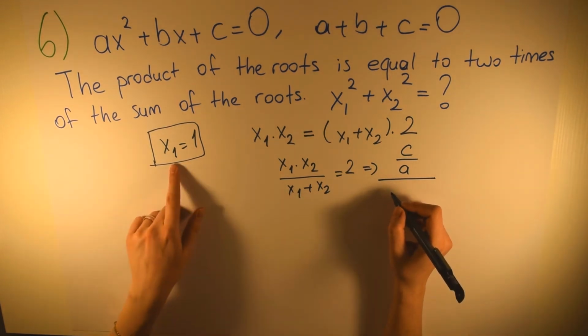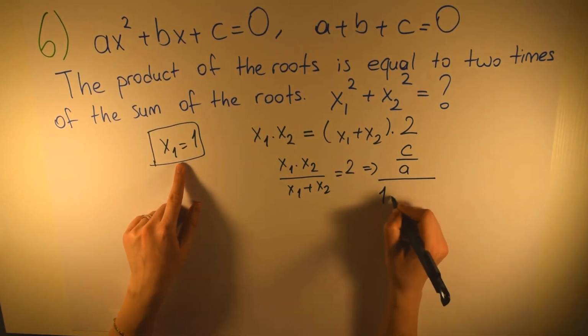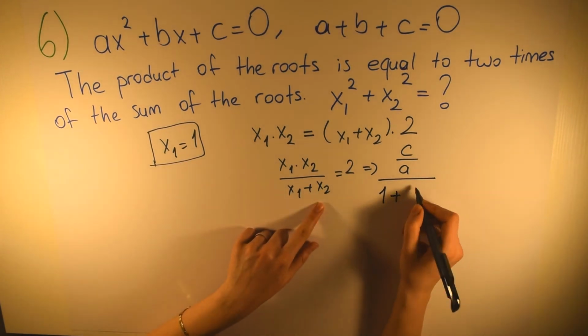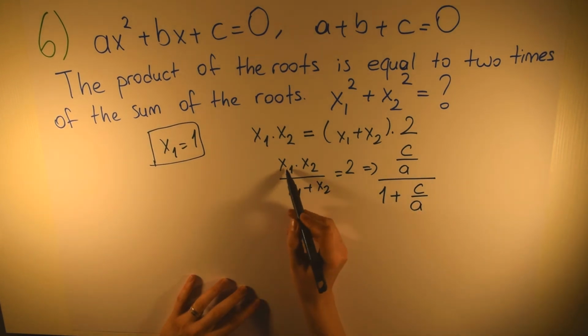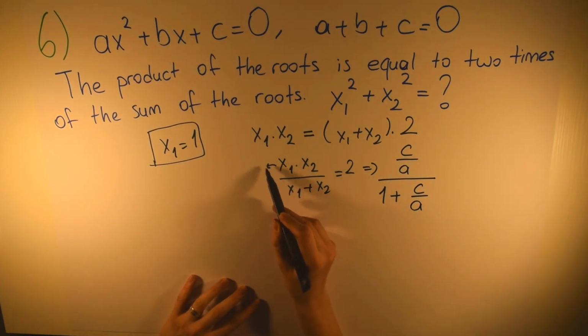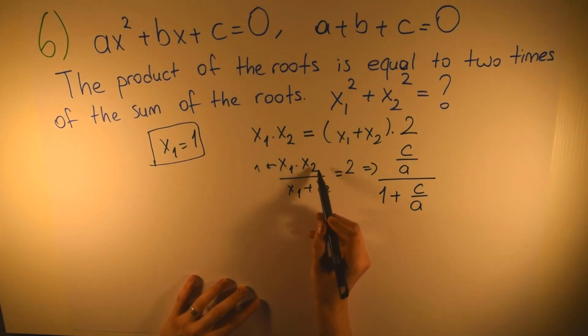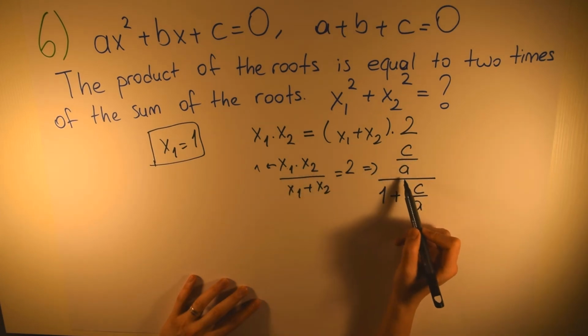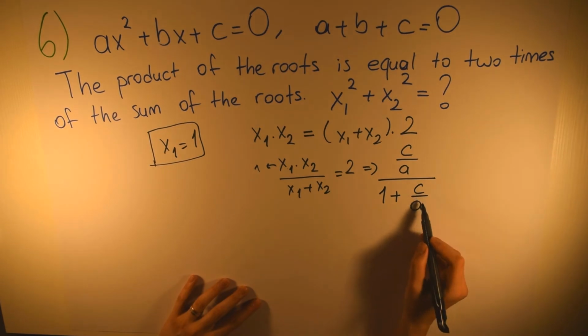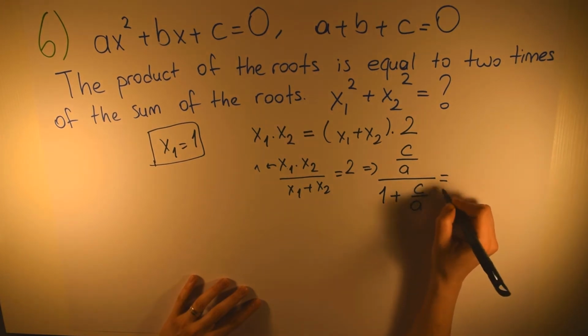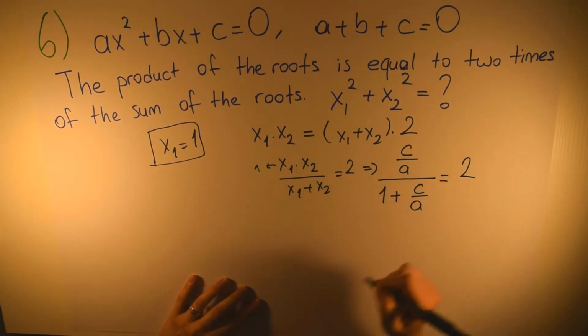our first root is 1, and the second one will be c over a. Why? Because this is equal to 1, right? So 1 times x2 is equal to x2, which is equal to c over a. So instead of x2, I can write c over a. So from here, this is equal to 2.